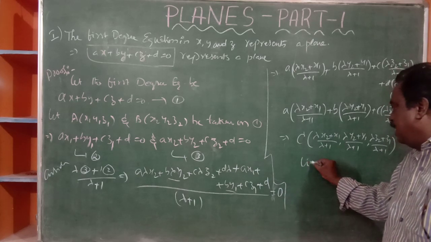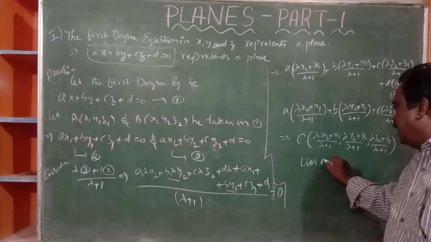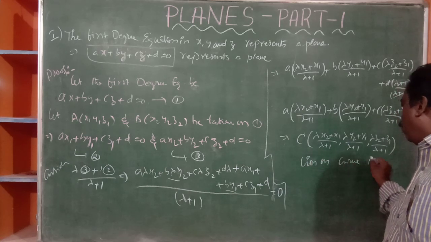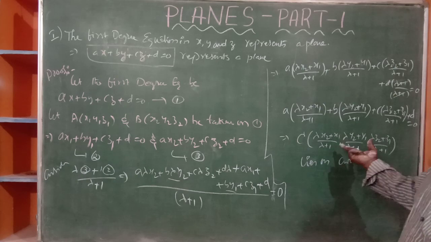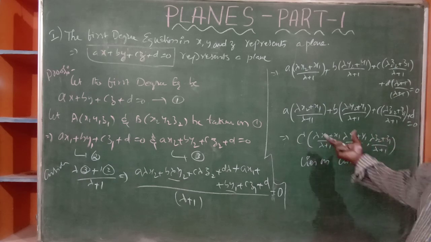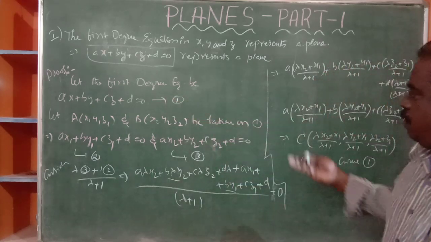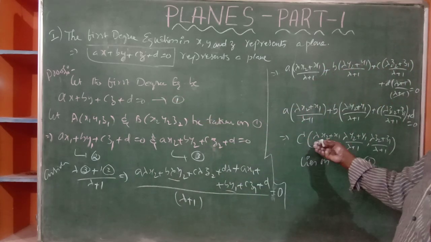Okay? It lies on curve 1. Will you agree? C is a point. That point lies on this curve.